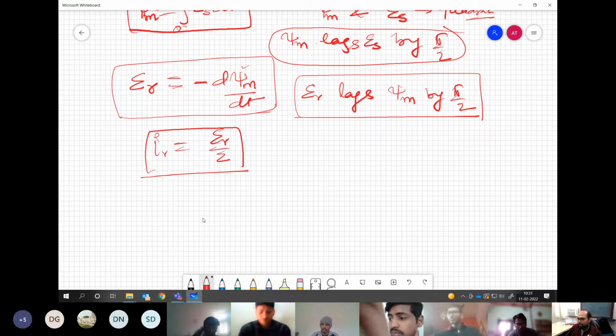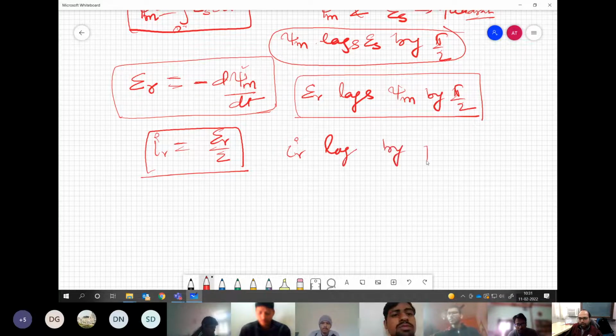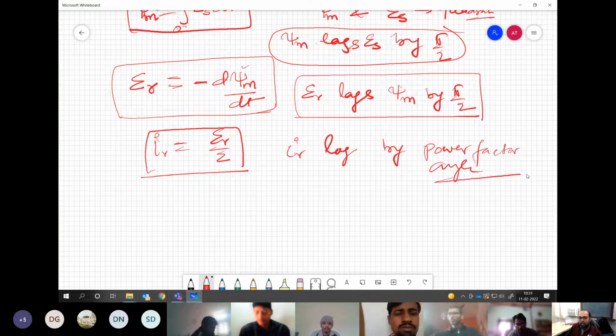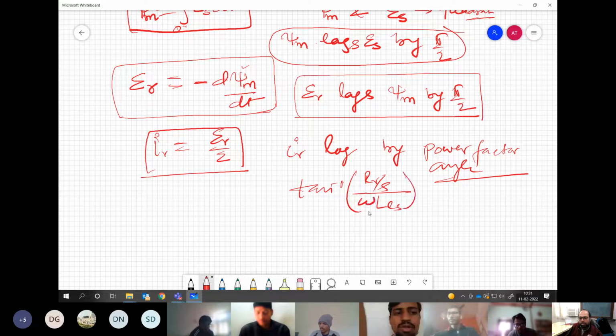Correct. So IR will lag ER by some power factor angle, which is governed by tan inverse of RR by S divided by omega LLR. Fine, right? Any problem in this?